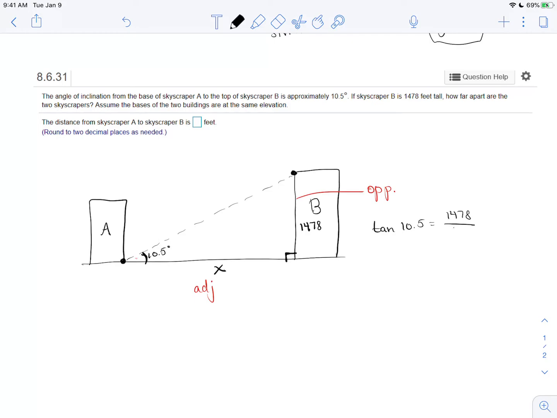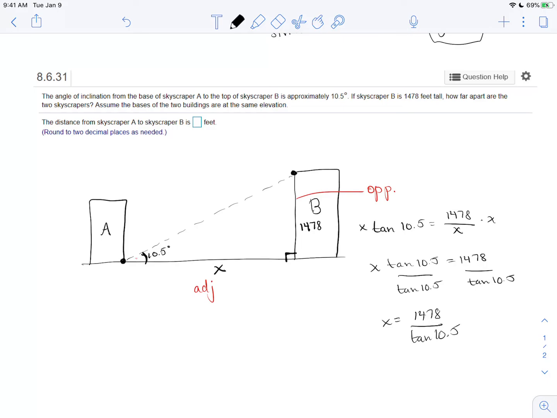1,478 over X, right? Now I want to get X by itself, so I'm going to multiply by X. So I have X tangent 10.5 equals 1,478, divide by tangent 10.5. So I have X equals 1,478 over tangent 10.5.